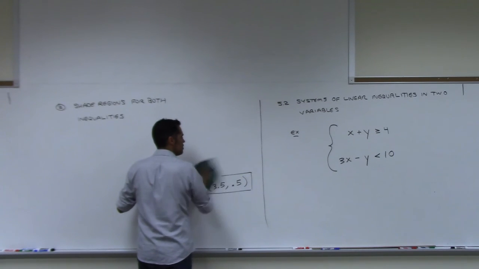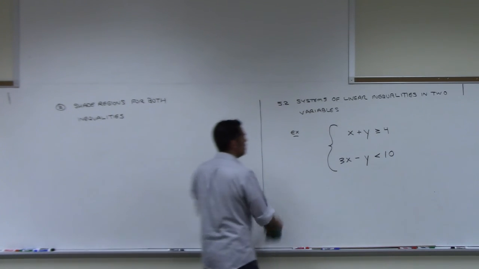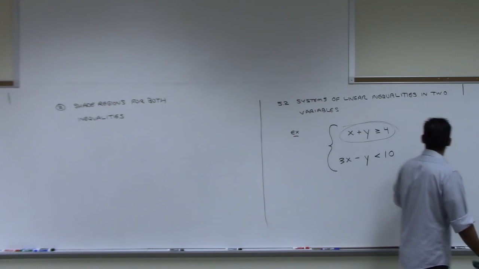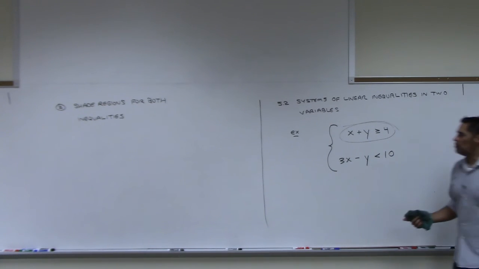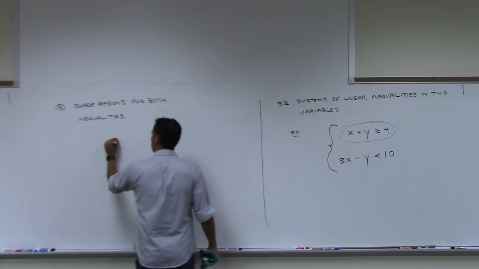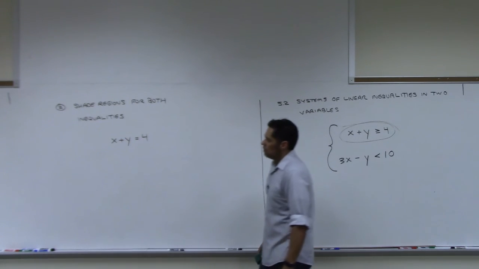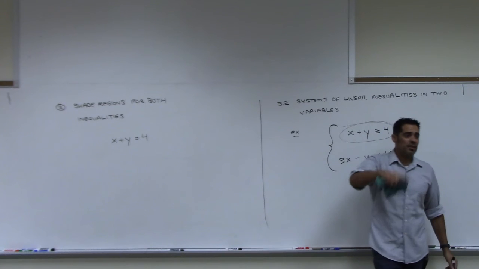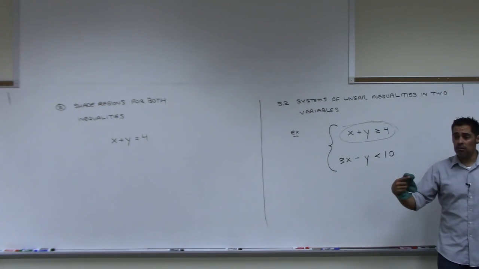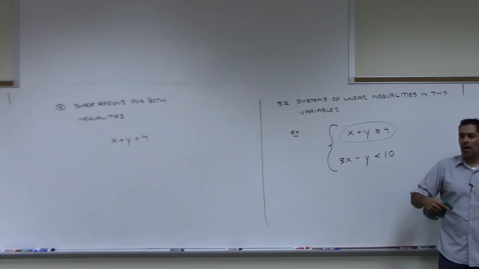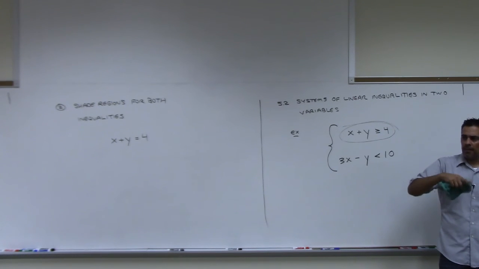So let's start with that first one. What am I going to do? Change it into an equals, right? So I've got x plus y equals 4. Now what? Get the x-intercepts and y-intercepts, or solve it for y and use the slope and the intercept.